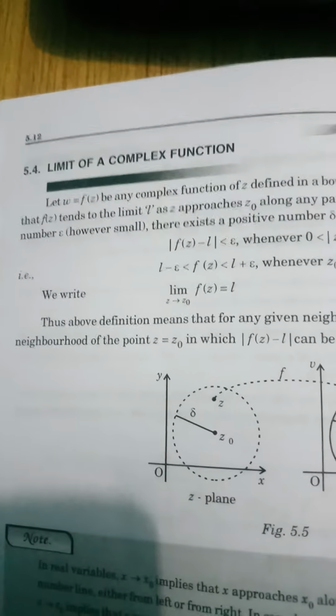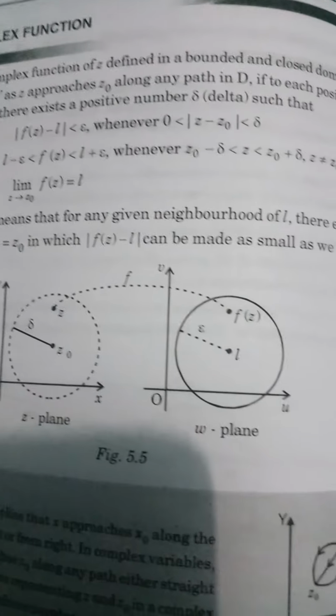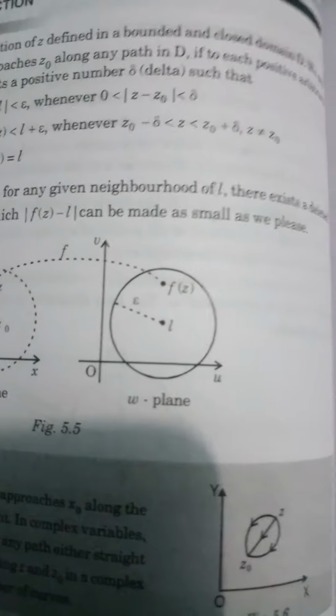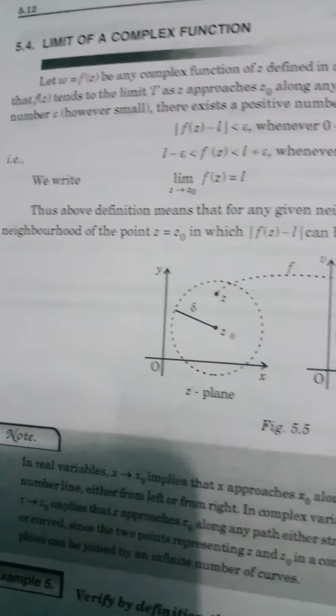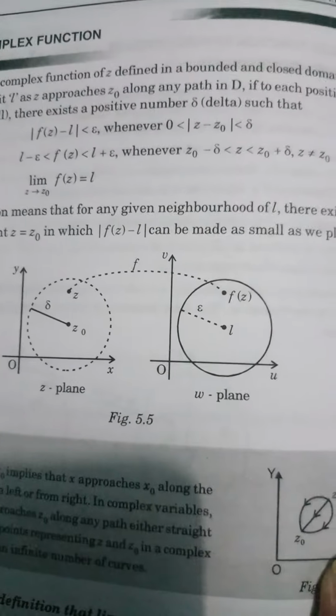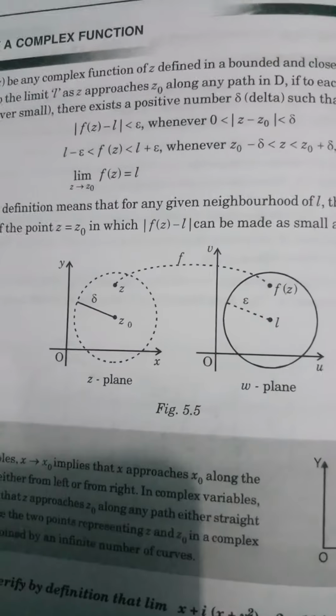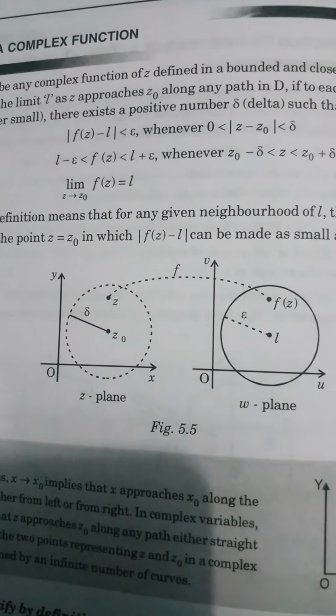Thus the above definition means that for any given neighborhood of L there exists a deleted neighborhood of the point z equal to z naught in which absolute value f(z) minus L can be made as small as we please. This is the figure, limit of a complex function.